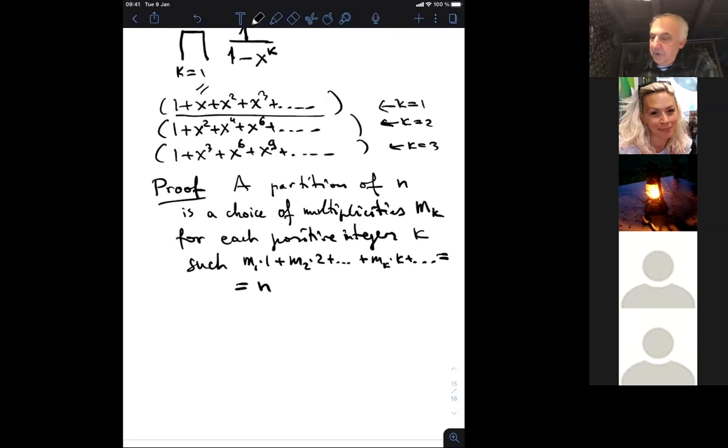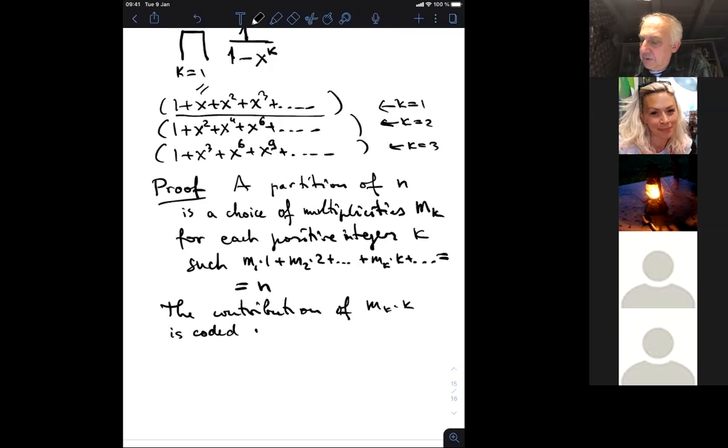And now the contribution of m_k times k is coded into the series 1 over 1 minus x^k, which is 1 plus x^k plus x^(2k) plus x^(3k), picking a certain term from here.